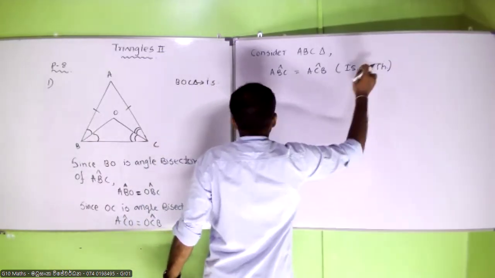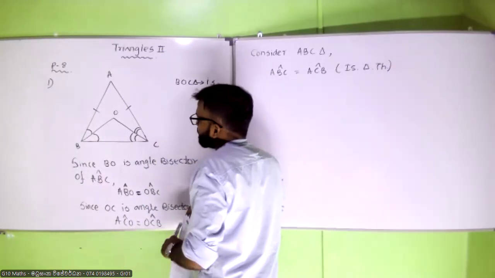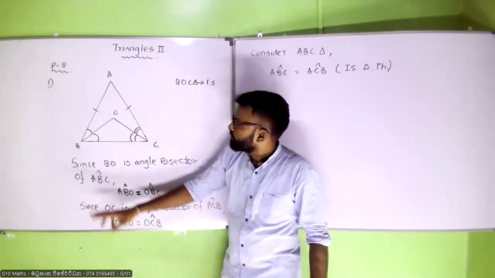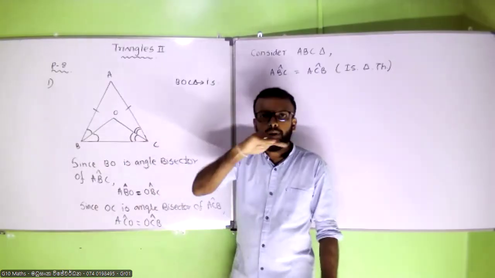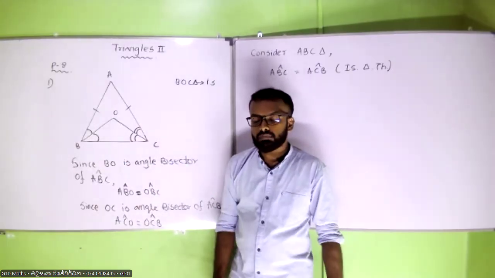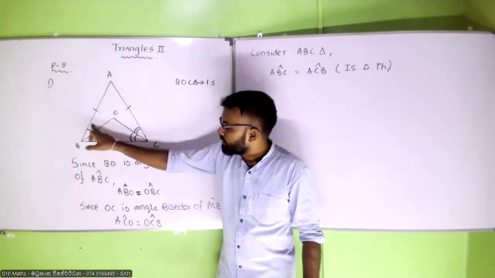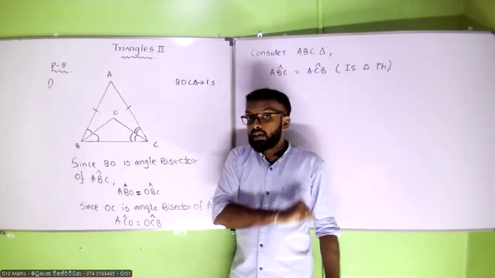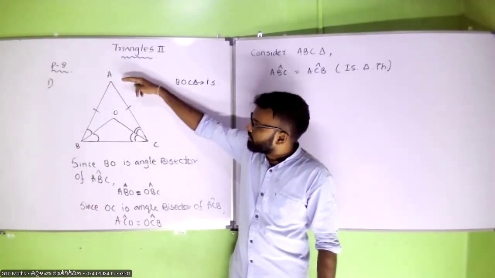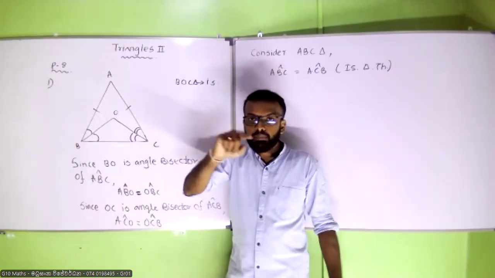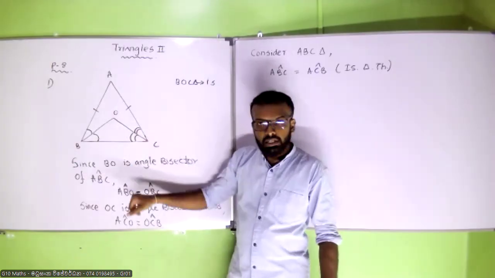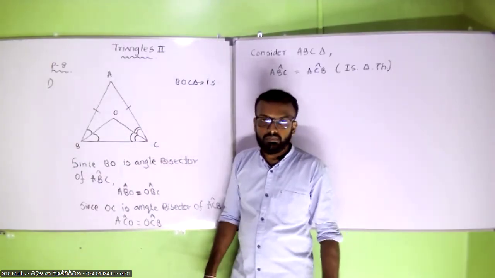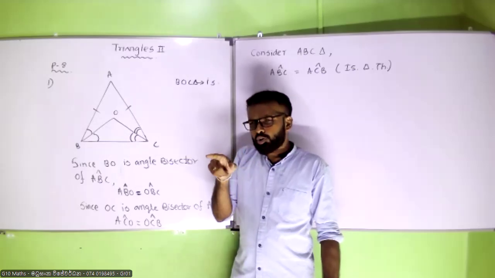Now if I divide angle ABC by 2, I can use this angle or this bottom angle. Same with angle ACB divided by 2.